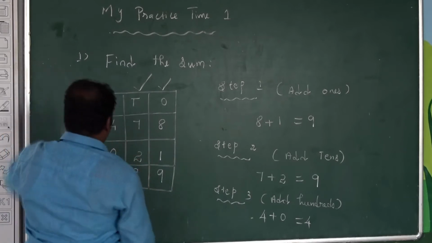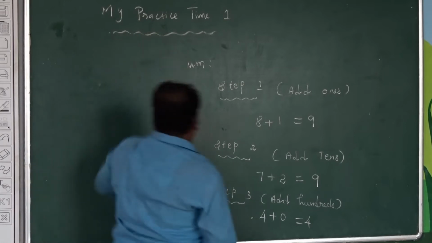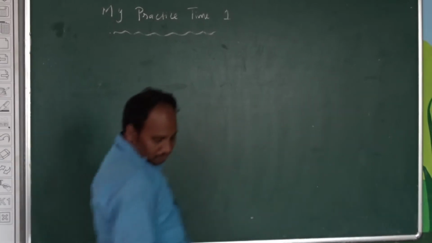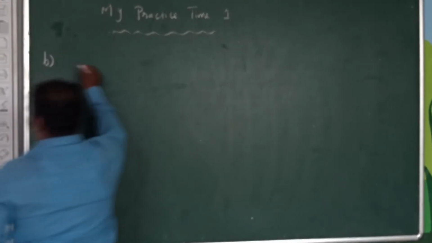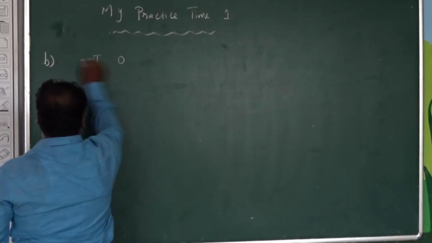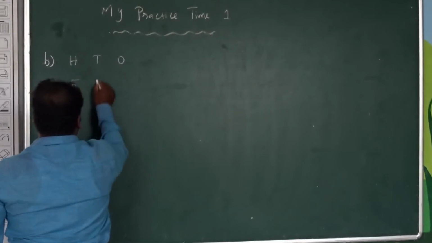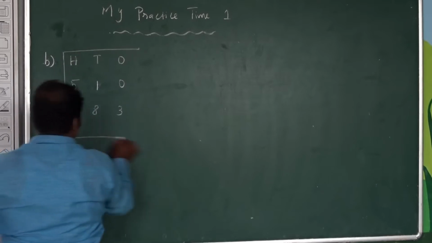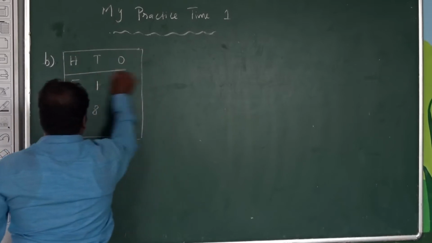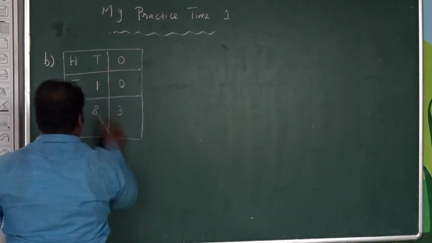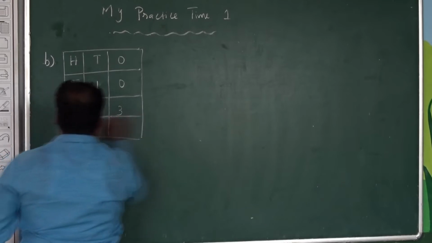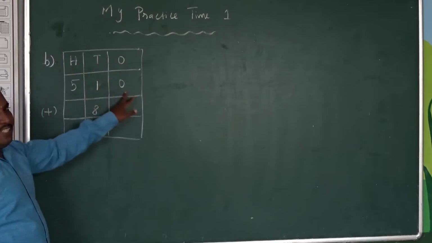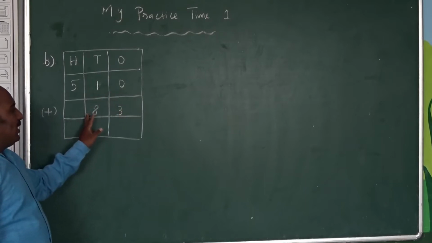The next one, B part. Ones, tens, hundreds. 510, then the second one, 83.